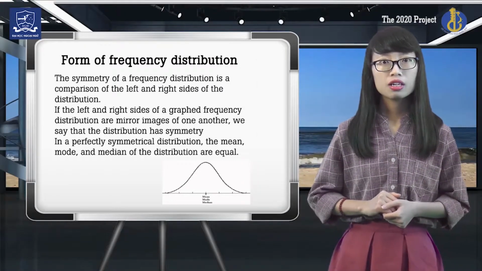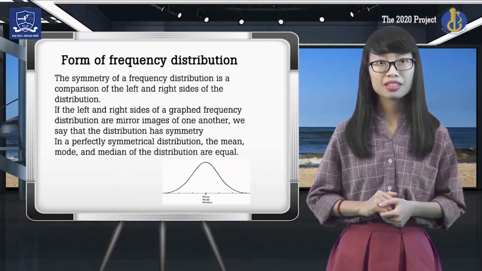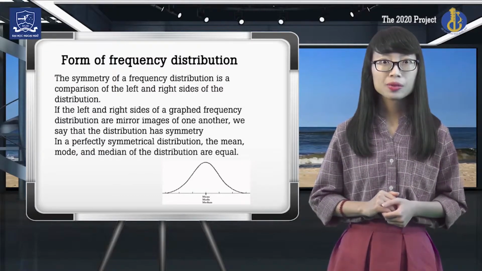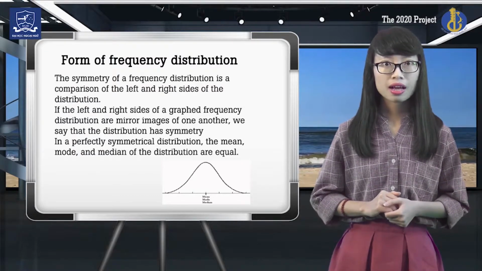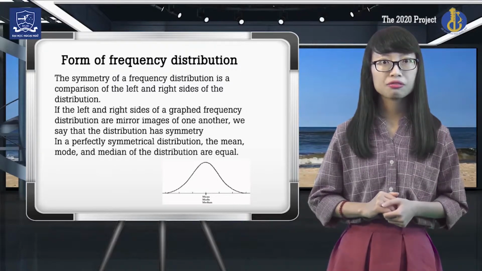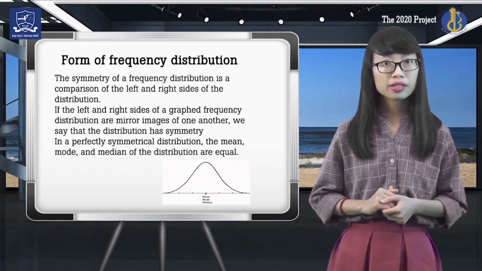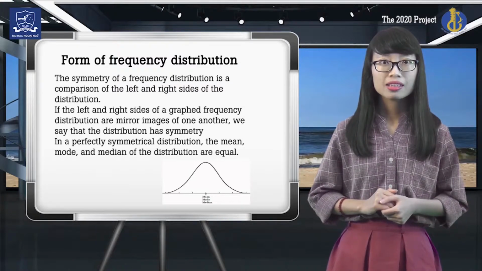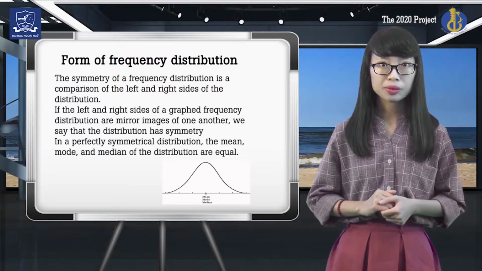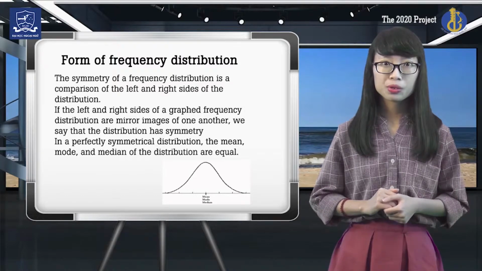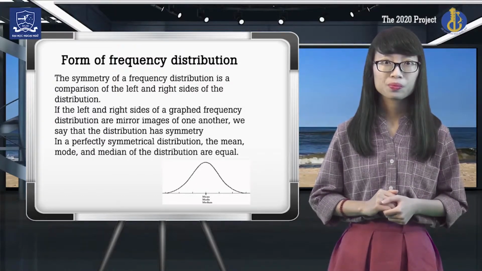If you make a vertical fold in the center of the distribution, and you see that the left side and the right side of that frequency distribution are mirror images of one another, we say that the distribution has symmetry, or the distribution is symmetrical.